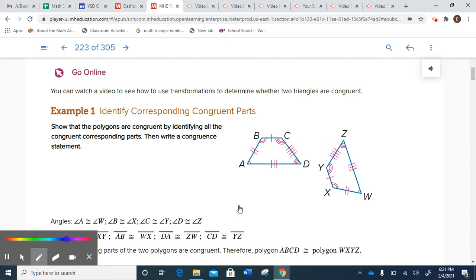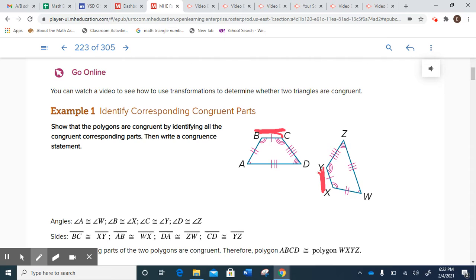In this case, we're going to match up the number of dashes or the number of arcs. So if I match this first one with the one dash along the side, BC would go with this XY piece because they both have one dash on each of the sides.